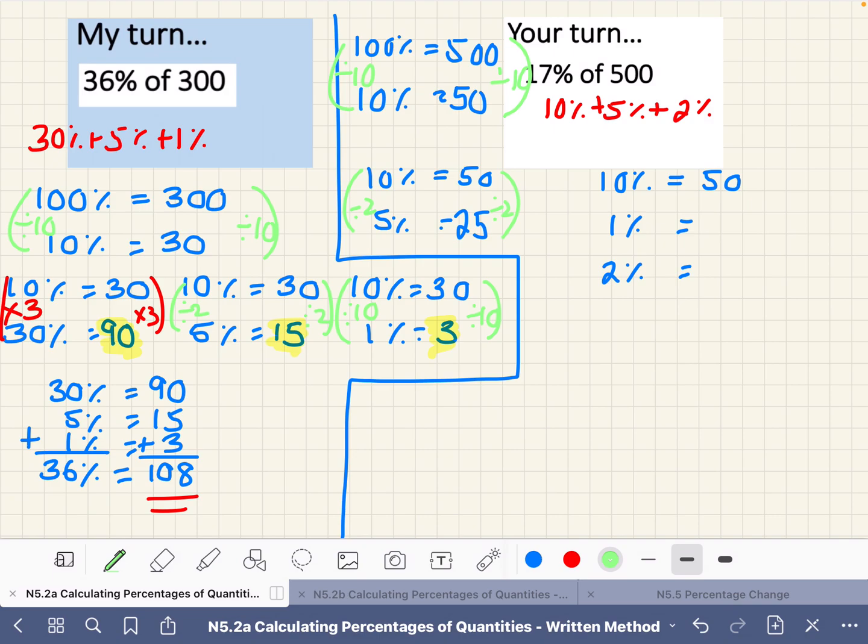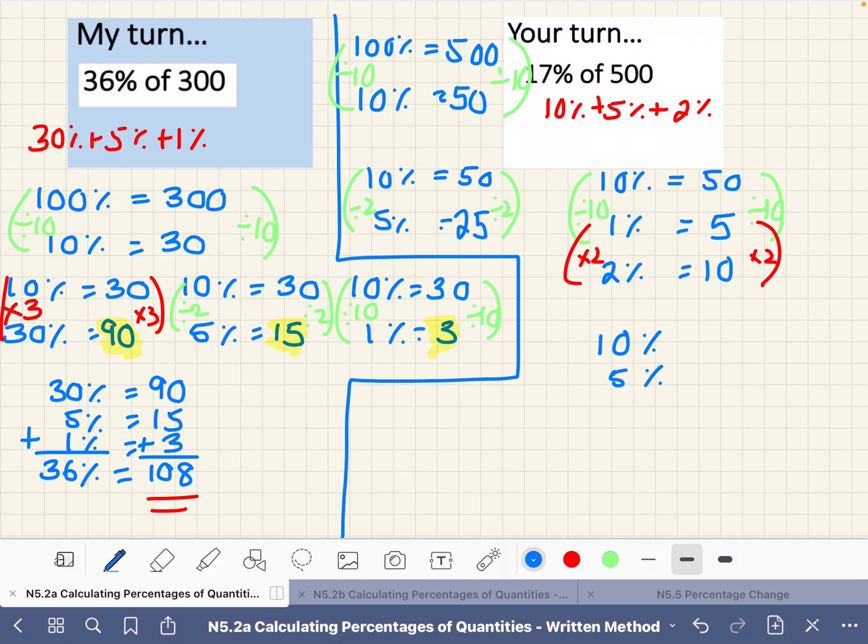To go from 10% down to 1%, we divide by 10, which means we are going to divide 50 by 10 to give us 5. From 1% to 2%, we would multiply by 2, which means we want to multiply the 5 by 2, which gives us 10.